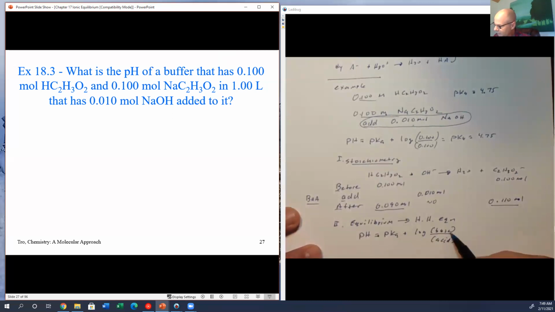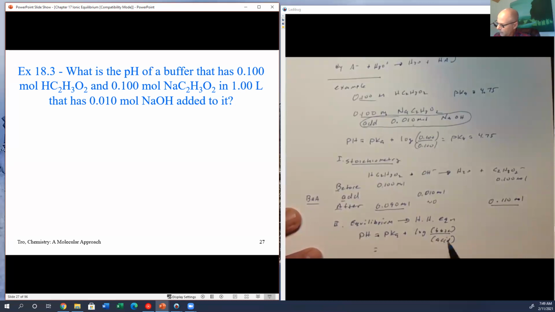But notice that because the volume is in both the numerator and the denominator, it cancels out. So the nice thing about the Henderson-Hasselbalch equation is because these are in the same solution, for this equation, you can work in either moles or molarity, okay? Either one works for this equation. For normal equilibrium problems, always work in molarity, okay? Never in moles. But for this Henderson-Hasselbalch, we have the freedom to do either one.